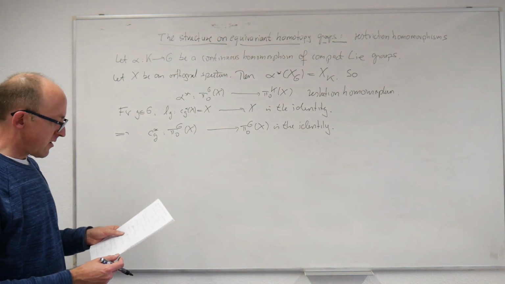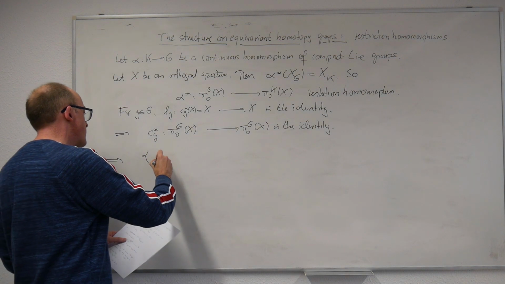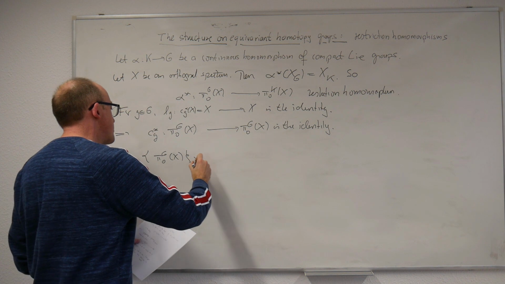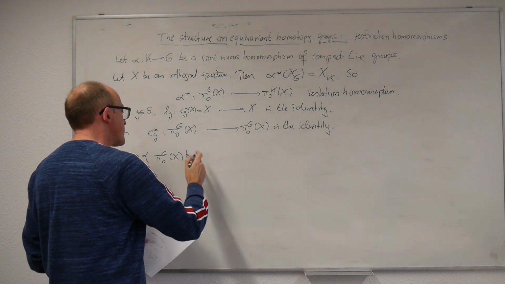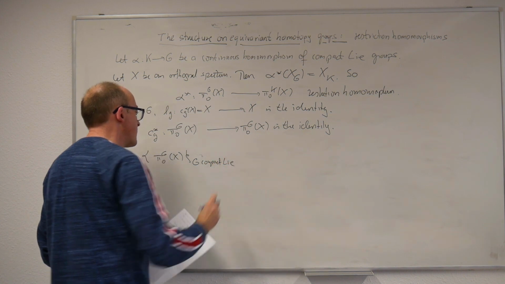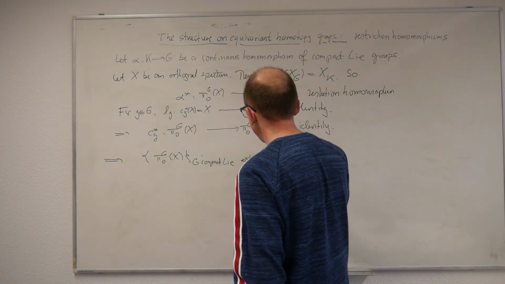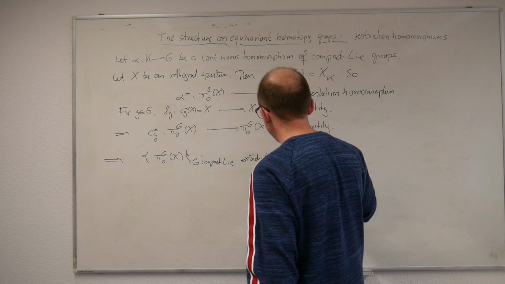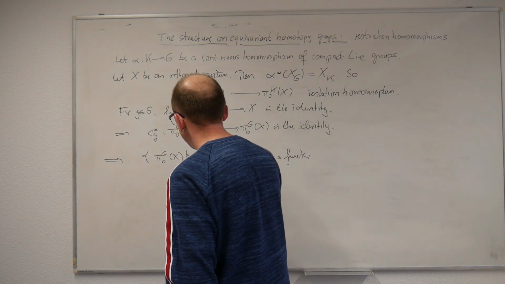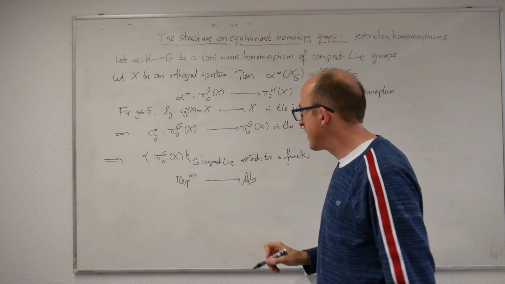Okay, so if we plug all of this together, then we obtain the following consequence. If we look at the collection of the G-equivariant homotopy groups of an orthogonal spectrum X, where G runs over all compact Lie groups, then this collection of groups extends to a contravariant functor from a certain category that I'll explain in a second to the category Ab of abelian groups.